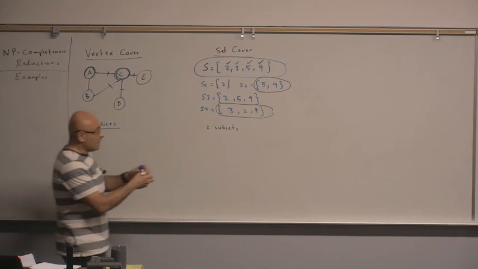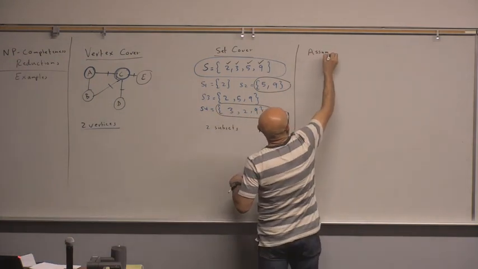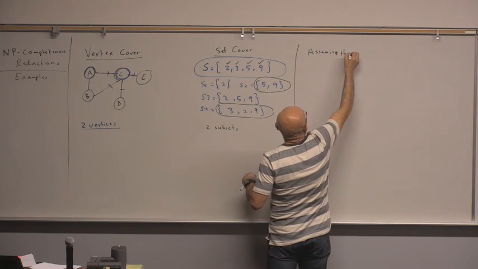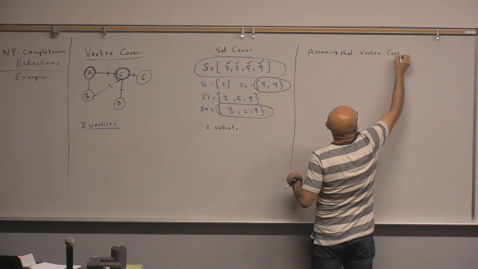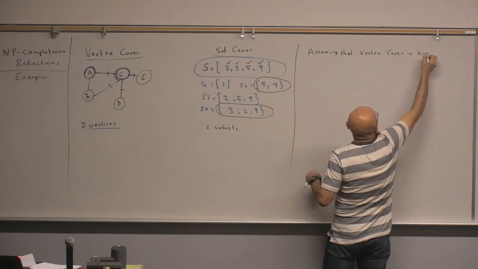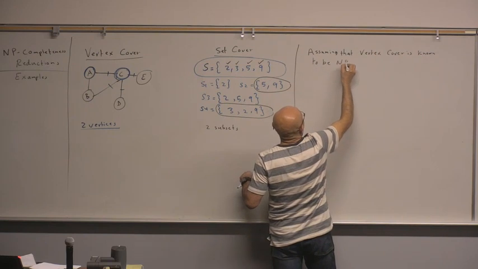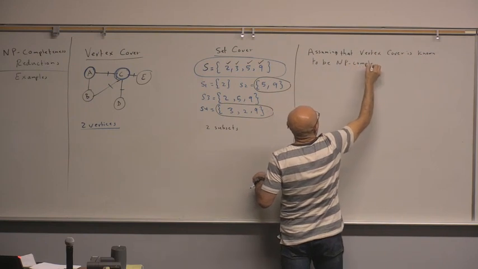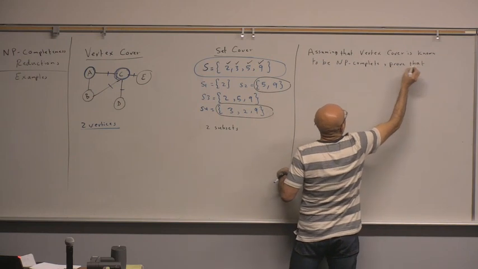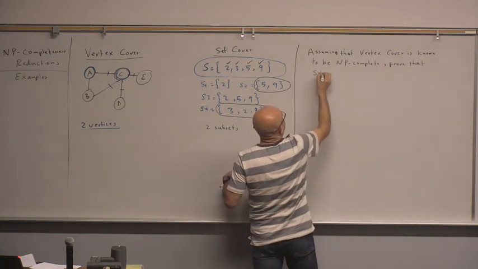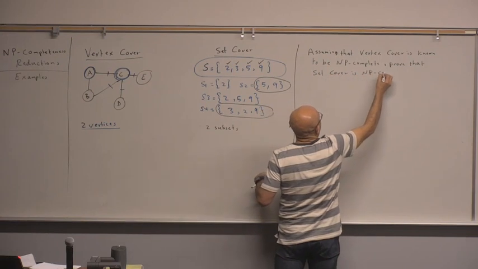Now the exercise is, assuming that vertex cover is known to be NP-complete, prove that set cover is NP-complete.